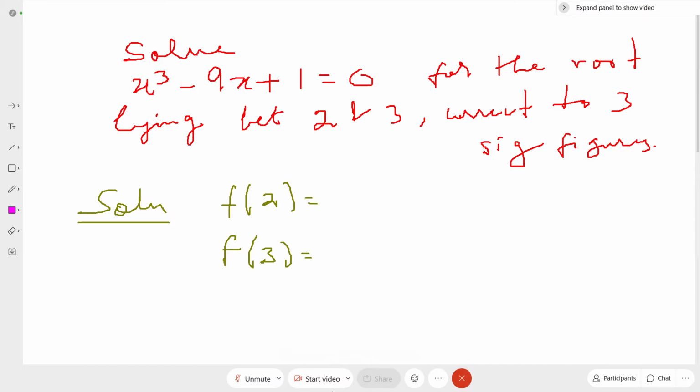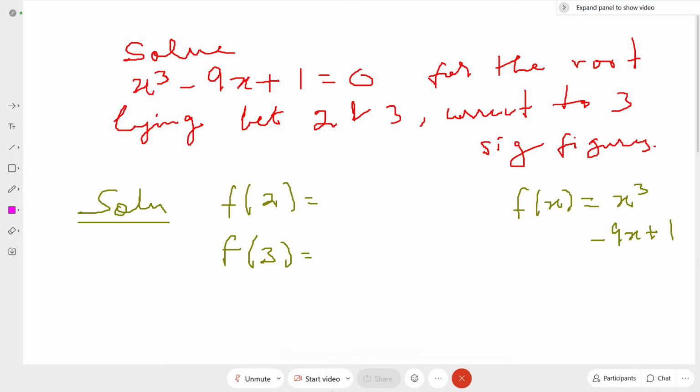I have to confirm that the root lies between 2 and 3 before I proceed. In this case, f(x) is x cube minus 9x plus 1.